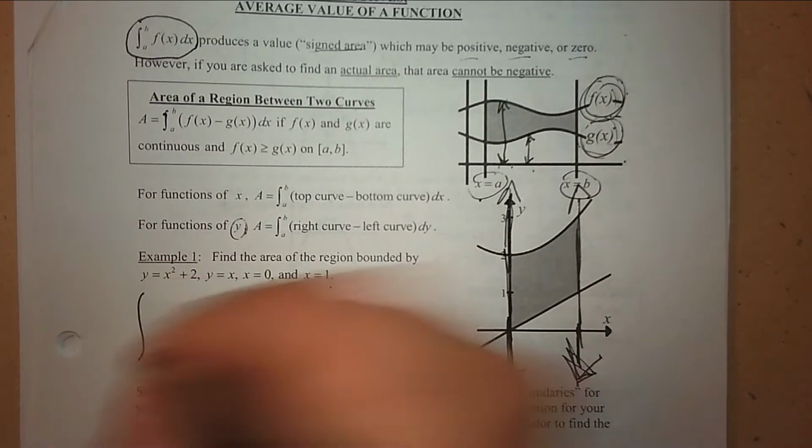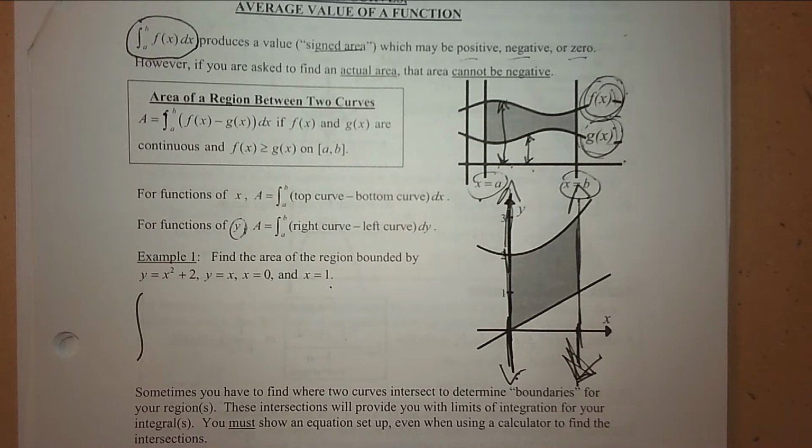So I need you to set up the integral. You're setting up an integration, top subtract bottom. So the first step is, can you set up the integration? What function's on top? x squared plus 2. What function's on the bottom? x.